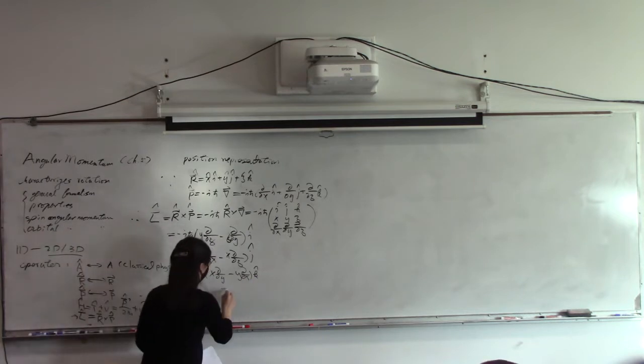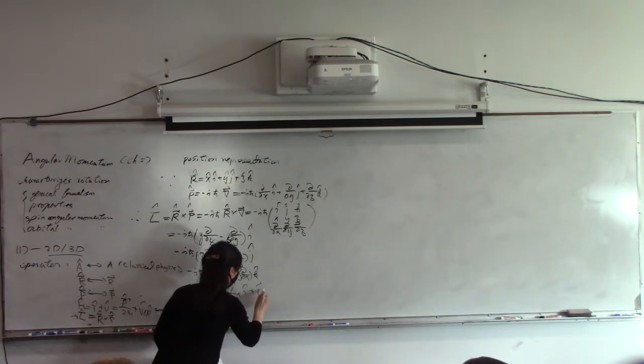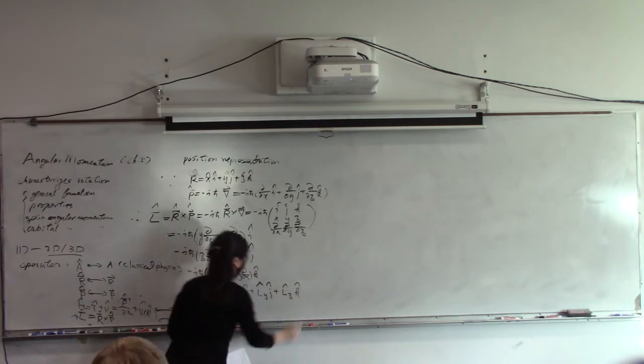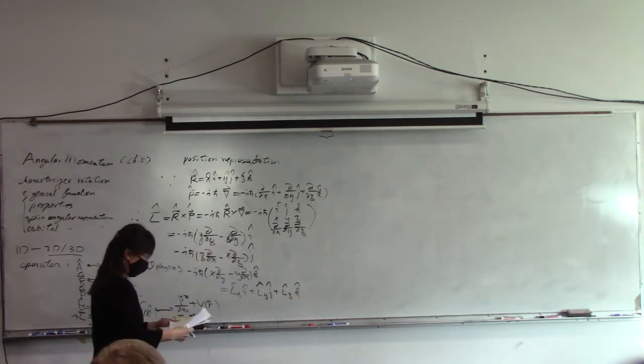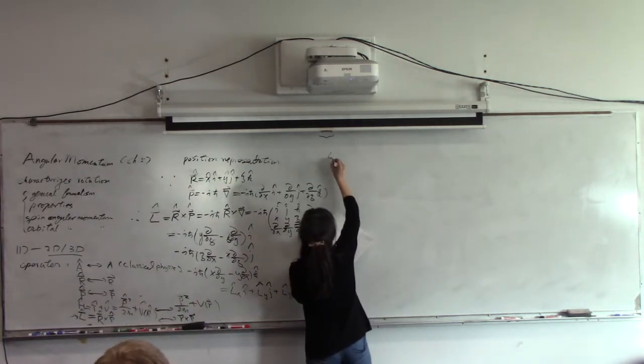So we have three components, and that makes sense because we know the orbital angular momentum is a vector. Then we introduce Lx, Ly, and Lz. By this definition, we have the expression for each component.